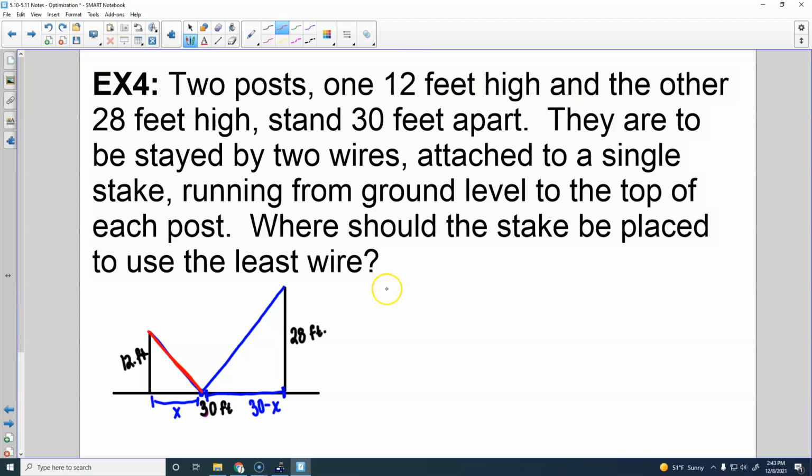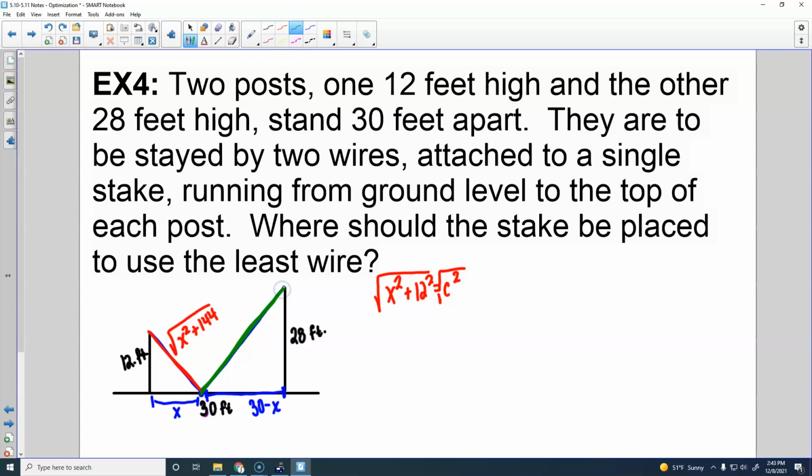All right, so if I want to find the length of this red piece of wire right here, I would do x squared plus 12 squared equals c squared. I would square root both sides. So the length of this side right here is the square root of x squared plus 144. Okay, over here, I'm going to use green for this wire.